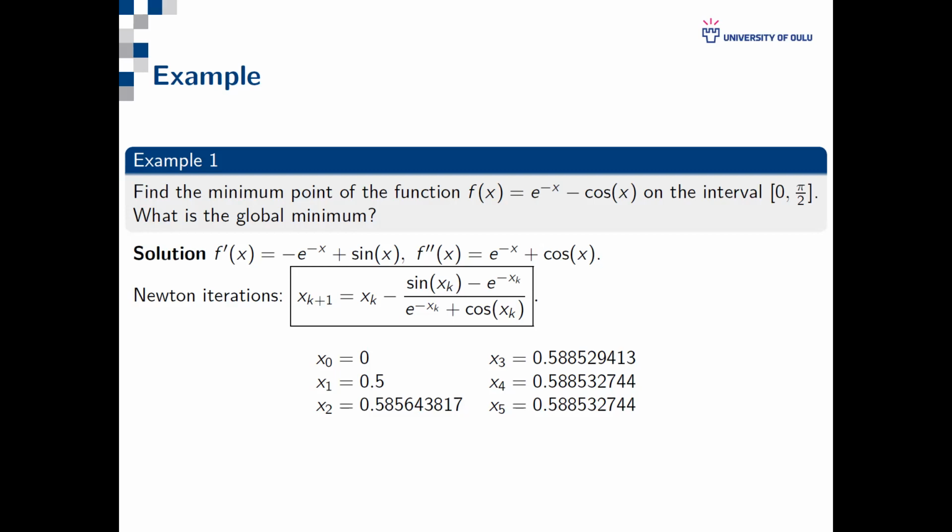And it provides 5885 29413. And because in x3 and x2, the first two digits are the same, based on my knowledge of how the Newton method works, I make the guess that these 4 digits in x3 are correct.